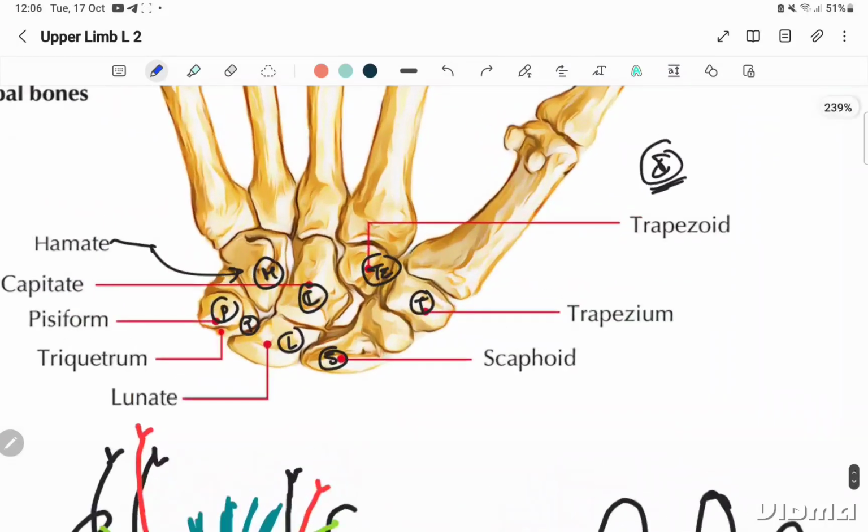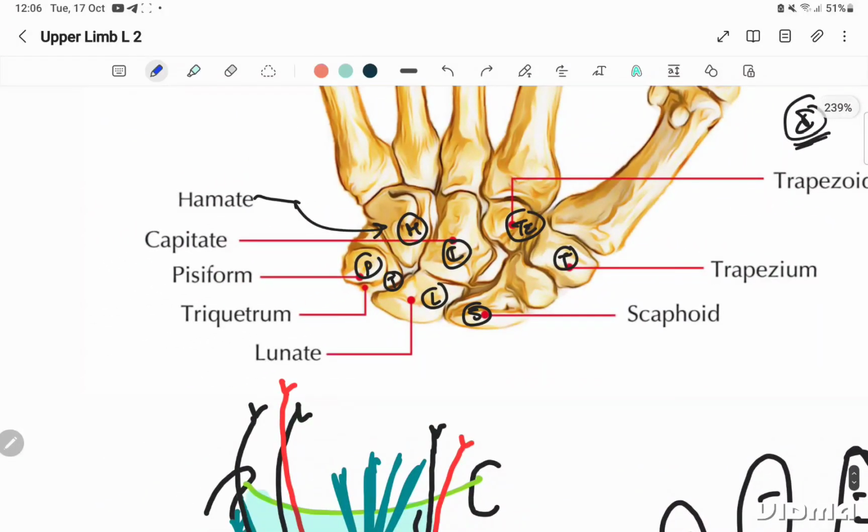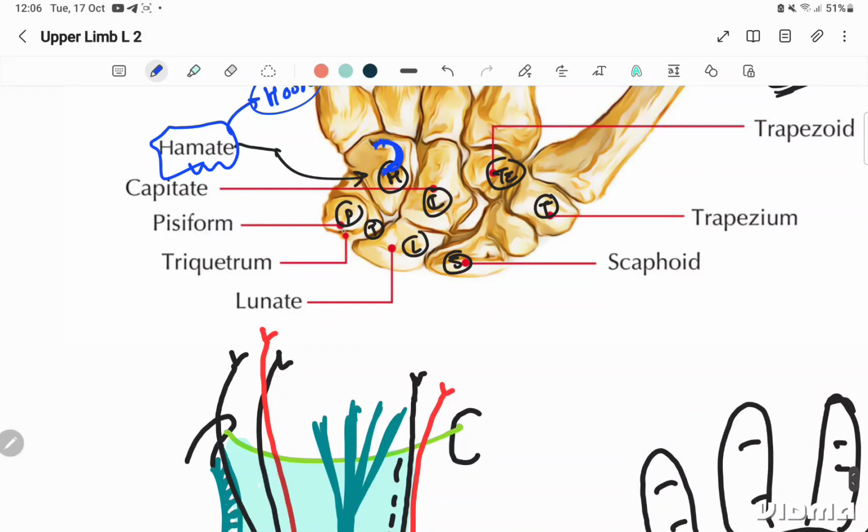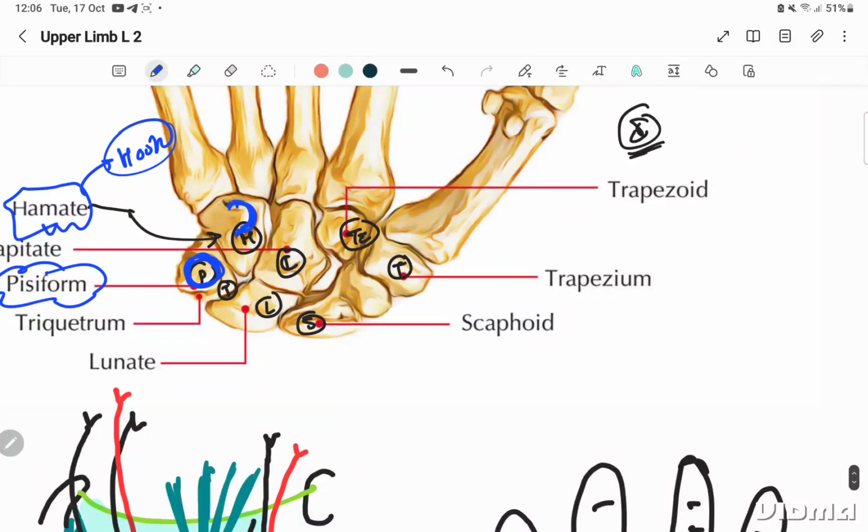So this hamate has a hook. Okay, this hook like projection in the hamate bone. This hamate has a hook to which the flexor retinaculum is attached. This pisiform, this is one of the attachments of the flexor retinaculum. This trapezium has a crest.